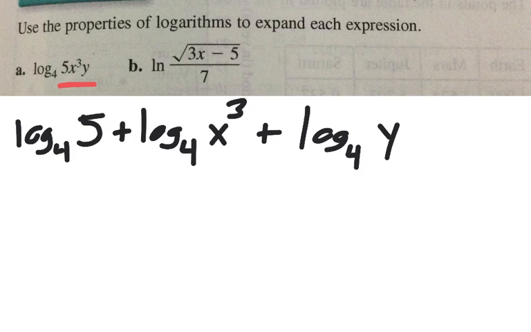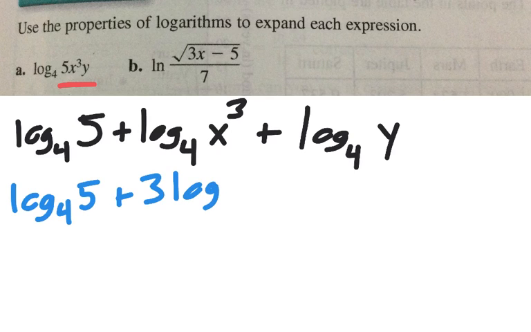Then there's one more step. Get rid of the exponent. I don't like an x to the third, so I can bring the 3 out front as multiplication. So this is 3 times log base 4 of x plus log base 4 of y.